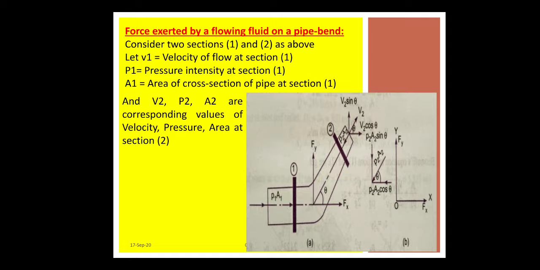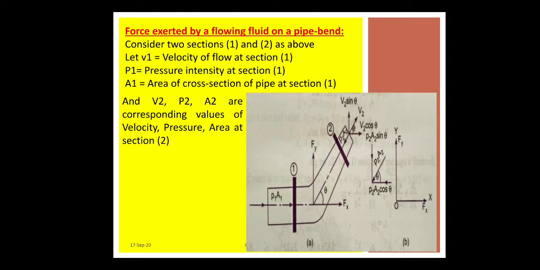Whenever you have a bend, take the center point as O and make the x direction, Fx, and Fy to the vertical. Now whatever angle the central axis is making is nothing but theta.